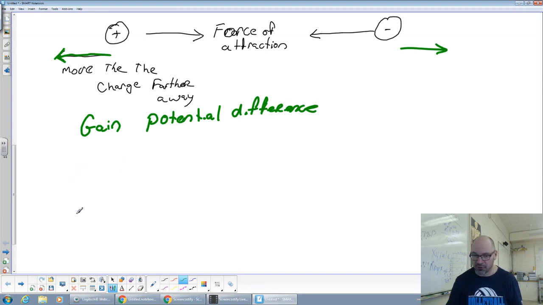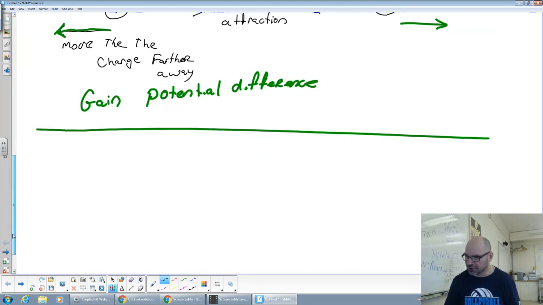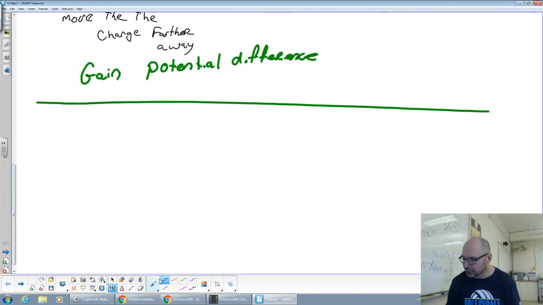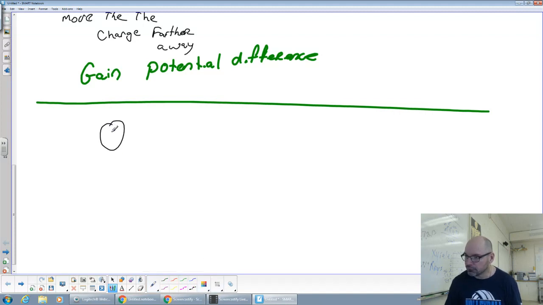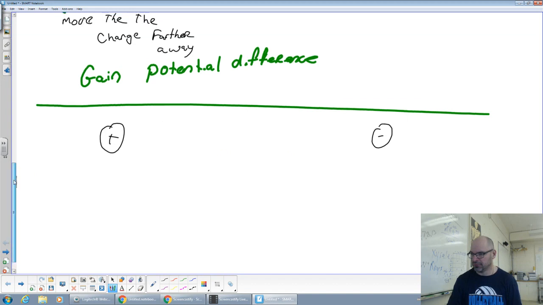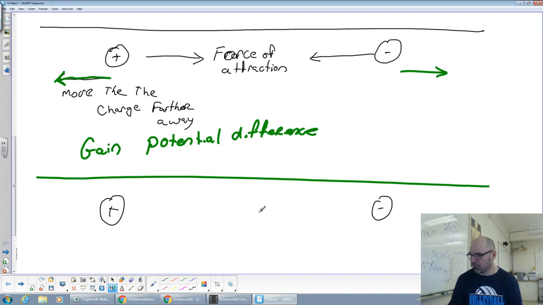If we do the opposite diagram, if we have two like charges, we have a force of repulsion here. So in the middle, they're not going to be pulling towards each other.